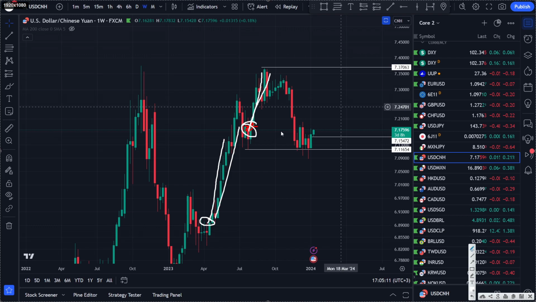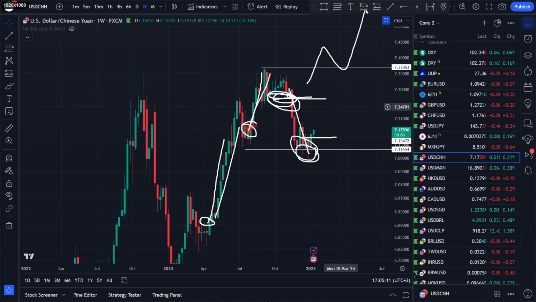Everything in macro right now points to some sort of consolidation, even on a trending basis, because this was the latest trend support that we broke. This was the latest key weekly level. We broke it to the upside. So essentially, this was your key weekly level, and we just created another key weekly level, and this points to consolidation.